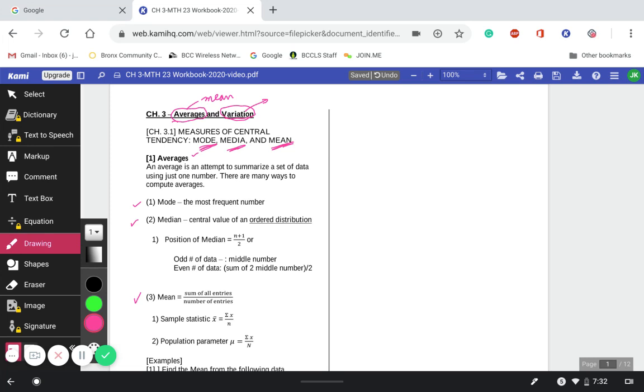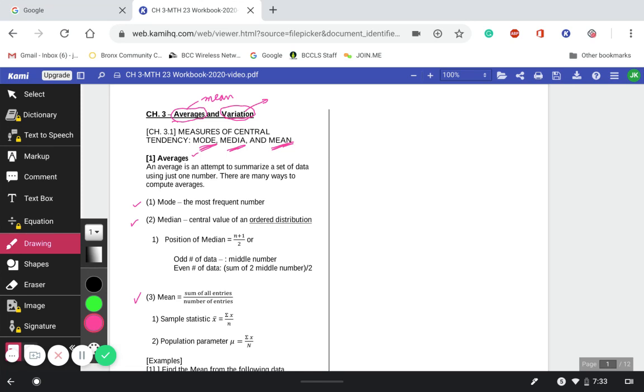Mode is the data value that most frequently shows in the data. Median is the central value in an ordered distribution. It's the value that is in the center, doesn't matter what it is.